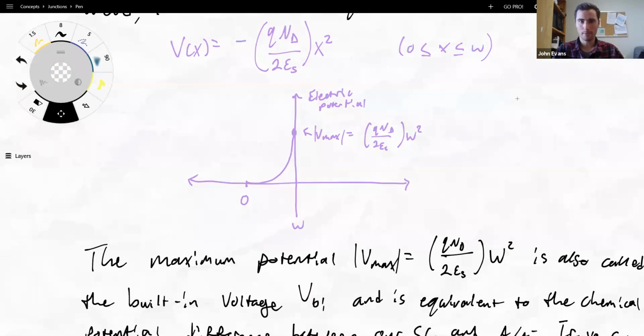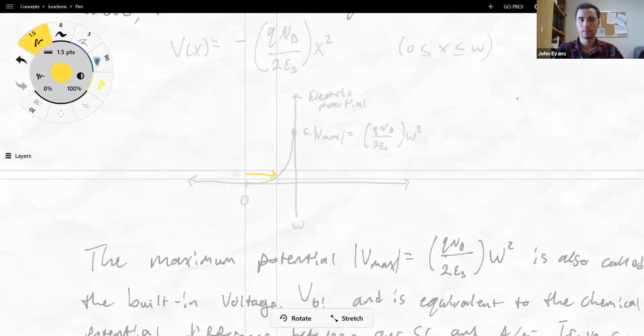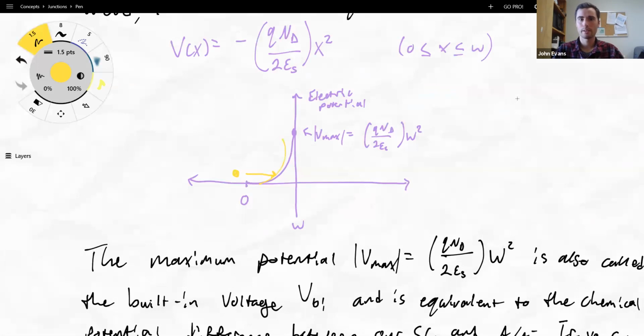So what that looks like graphically is that as our electron tries to move closer and closer to W, the electric potential, or the potential barrier to that motion increases exponentially. Just like that. And again, just like our electric field strength, we can define a maximum voltage.